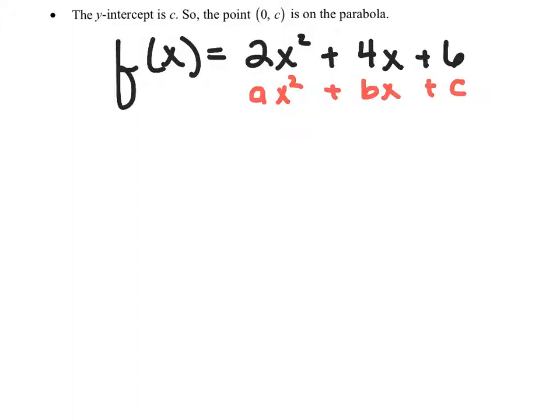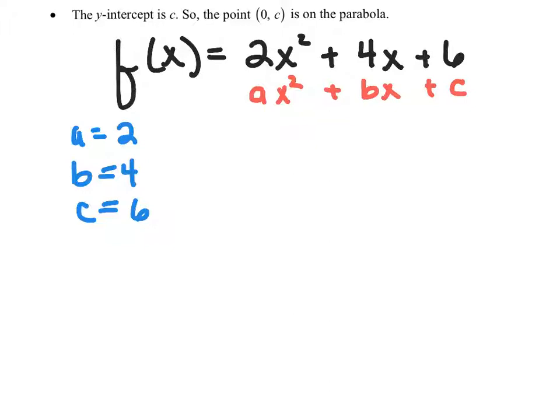So we can easily tell that our a equals 2 because we're just looking right above it. Our b equals 4 and our c equals 6. So from this equation, we actually can gather a lot of information about our parabola.